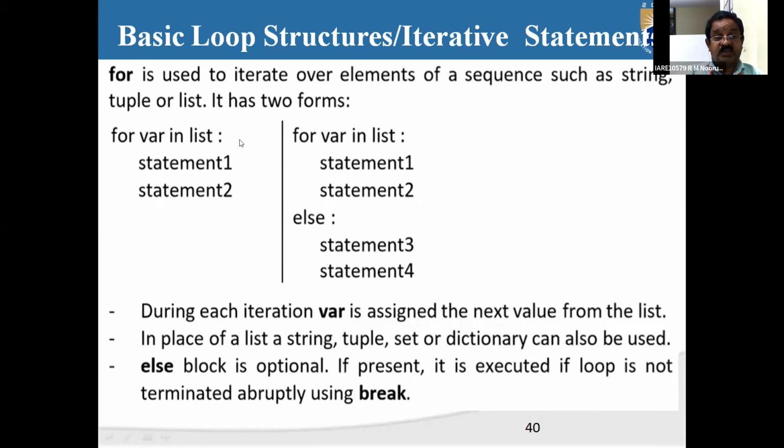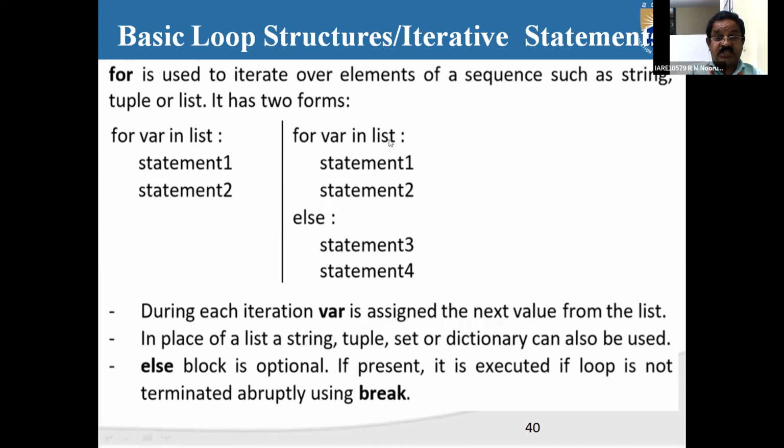If the condition is within the range, then statement 1 and statement 2 are going to be executed. Another general syntax is the for loop with an else part: for variable in sequence. That sequence is going to be checked.